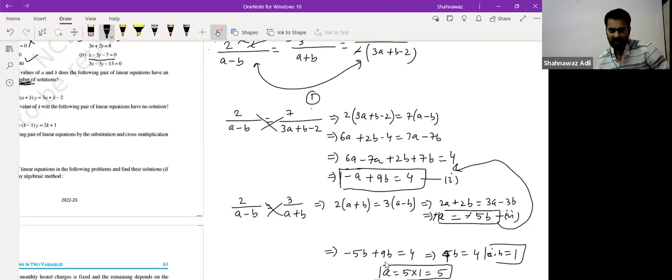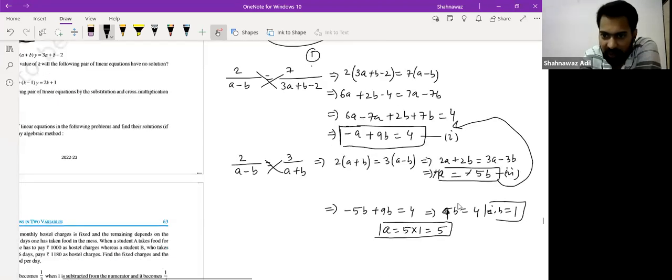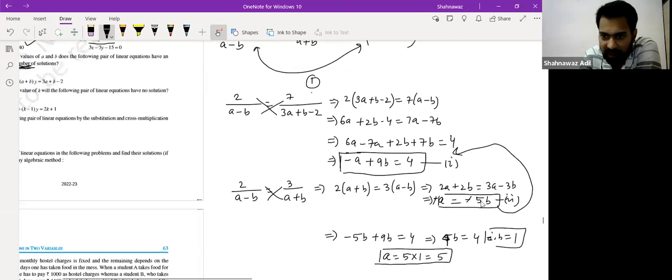So are we using the substitution method also? No, because I didn't need to use any method. I found the value of a directly here, so this automatically came out in the form of the substitution method.